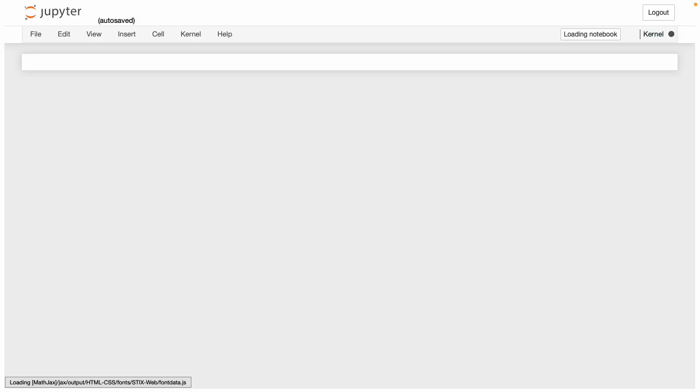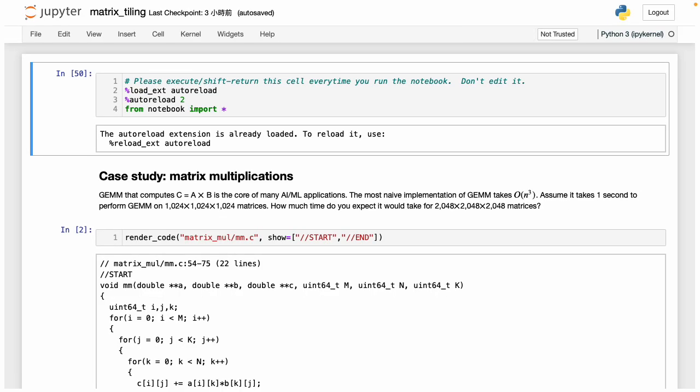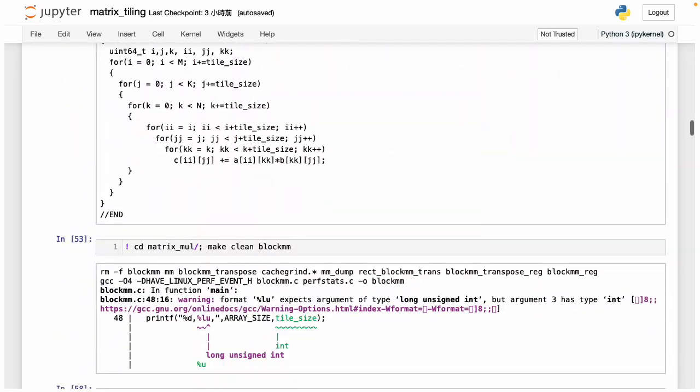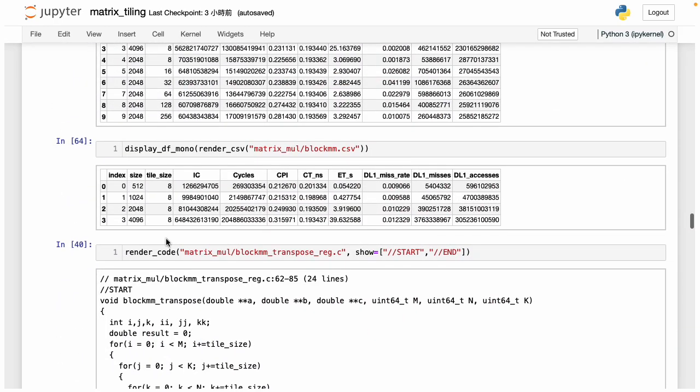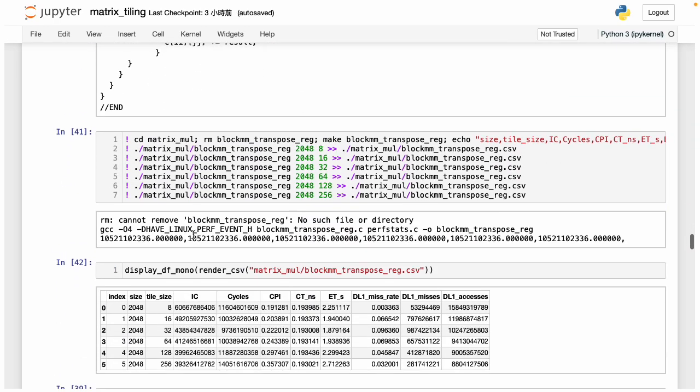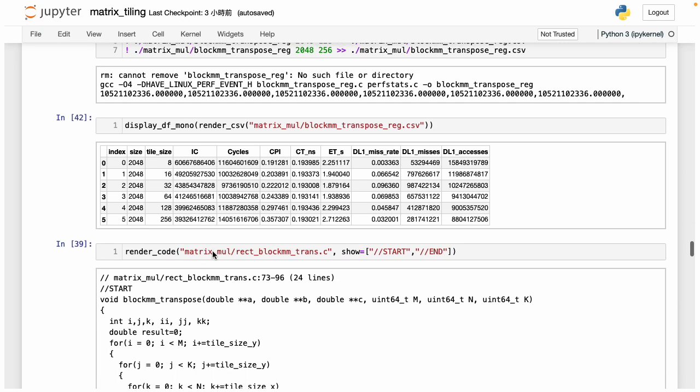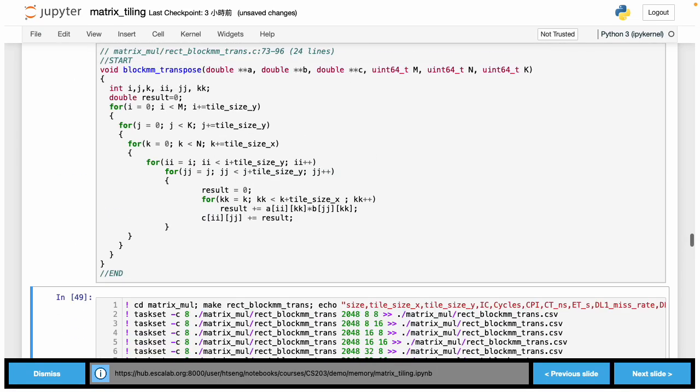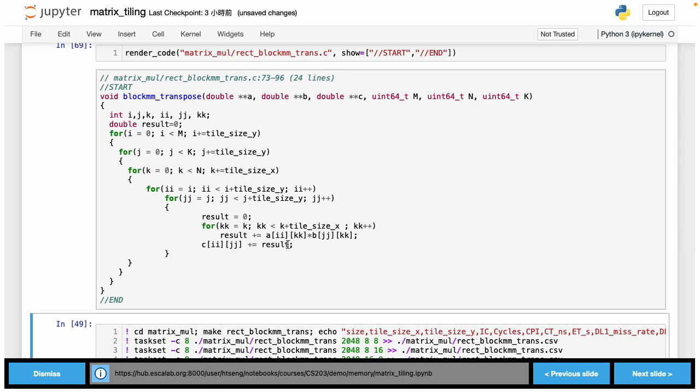So now I'm going to change my code again with different tile sizes at different dimensions. So here's the code. It's rectangular plus transposition, right? So right now you see I have two different tile sizes, X and Y. And I only increment the X in the innermost loop.